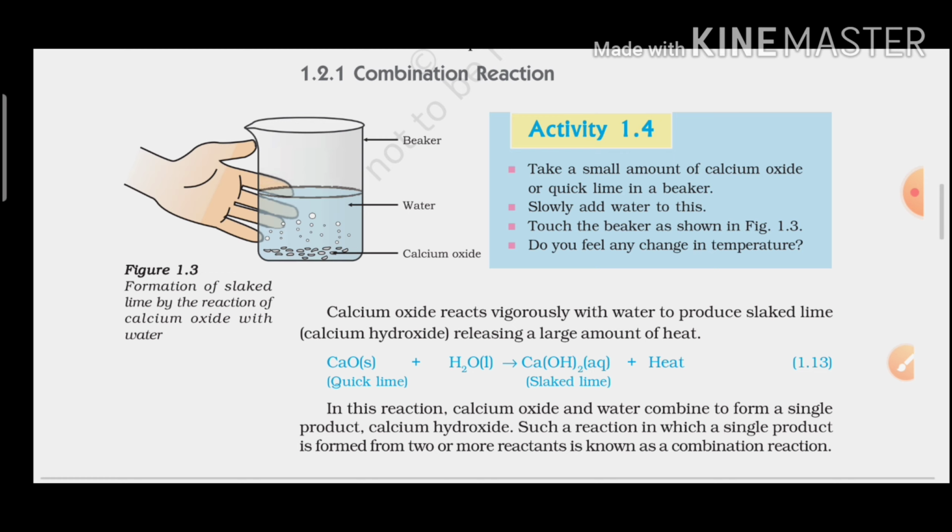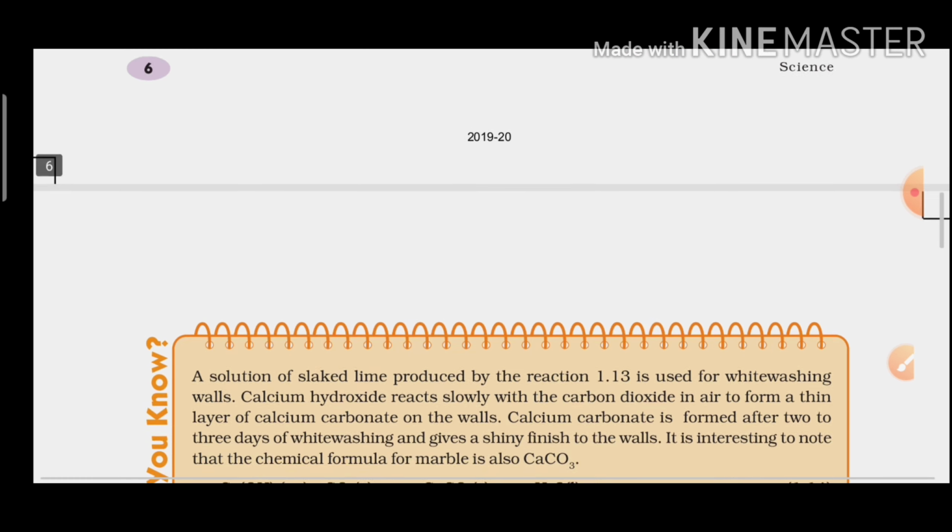The product formed during this reaction is slaked lime, calcium hydroxide, and the formula is Ca(OH)2. See students, in this reaction two reactants, that is calcium oxide and water, combine to form a single product, that is calcium hydroxide. And such a type of reaction in which a single product is formed from two or more reactants is known as a combination reaction.